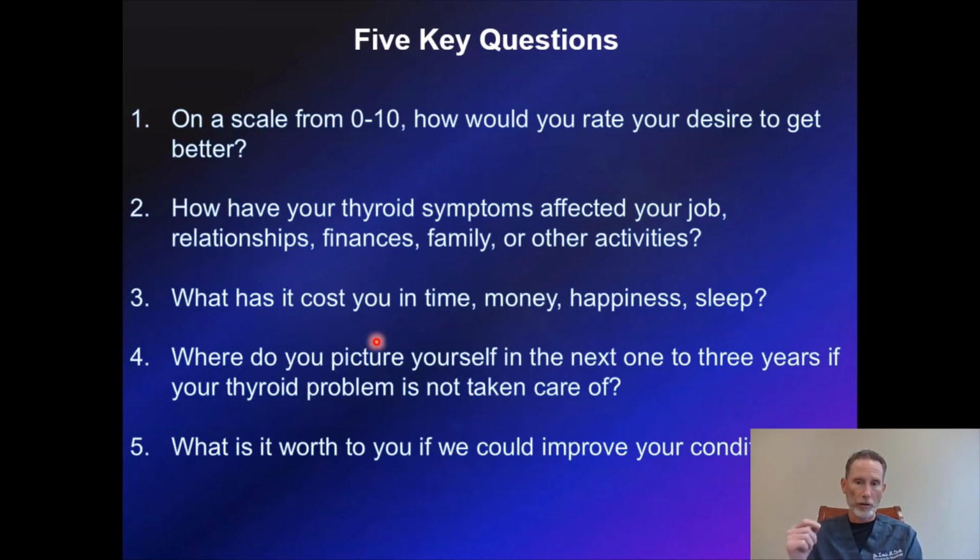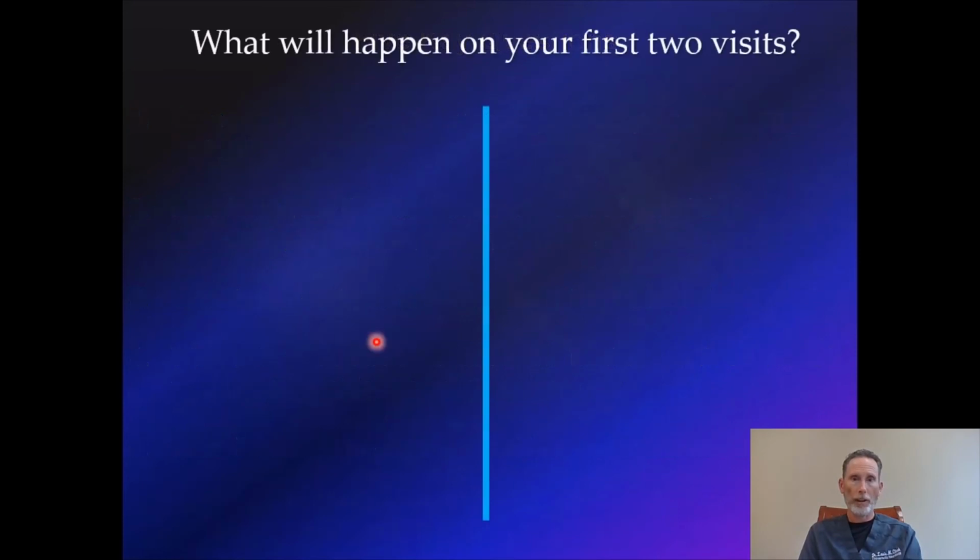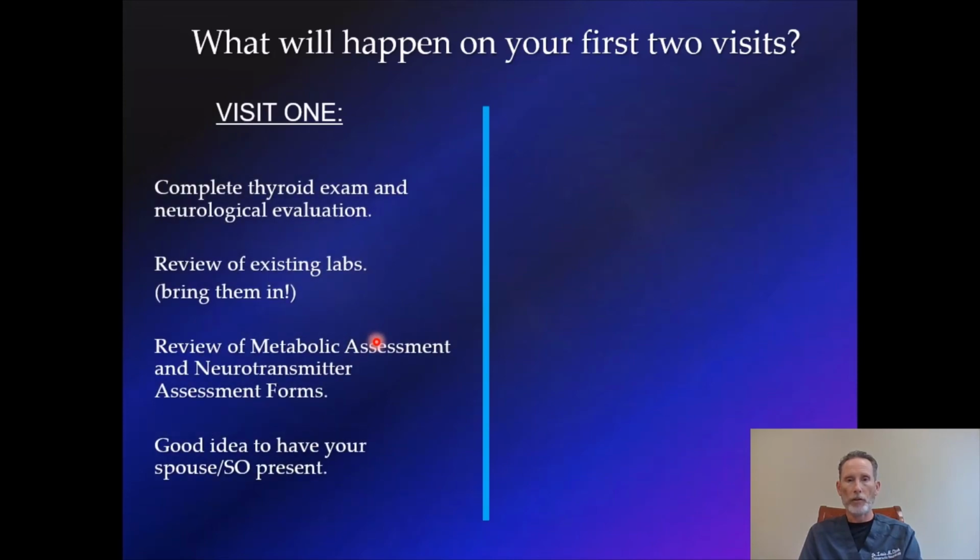If you answer yes to that, you want that, then here's the way we evaluate you in our office. There are two visits. Number one is, and this may be virtual or an in-office visit, do the complete exam, review labs, do the metabolic assessment form. If you're in the office, certainly want to have your spouse present if possible.